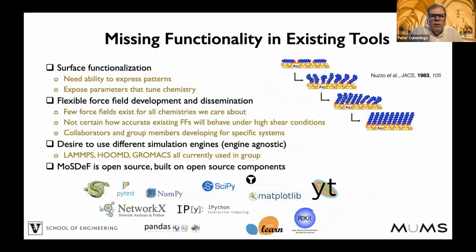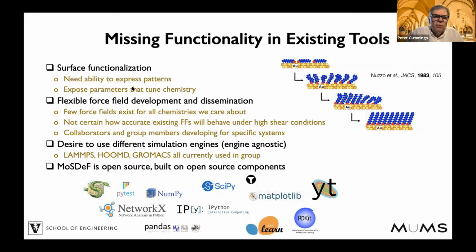So originally our motivation was to be able to study interfacial systems. We'll see later on the application. And so this is what started us on this path: the existing tools for setting up simulations didn't have the kind of functionality that we needed to be able to do our sorts of simulations.